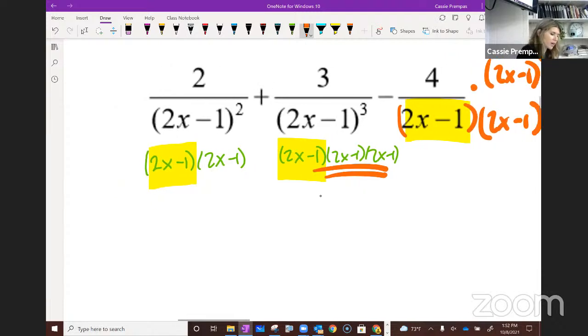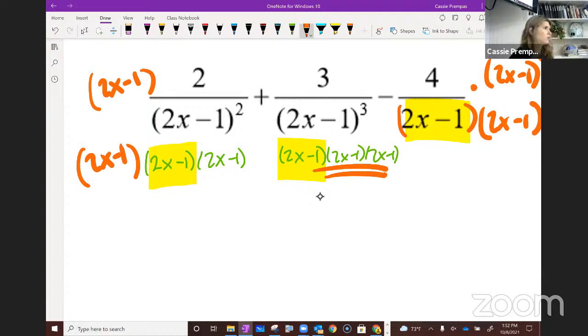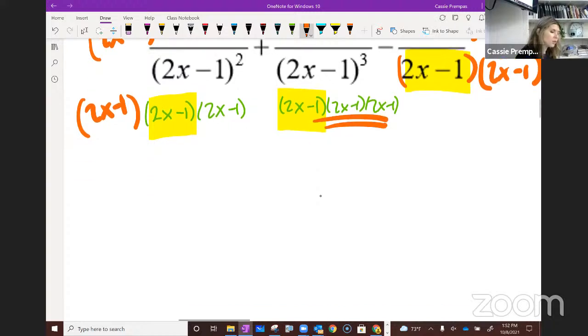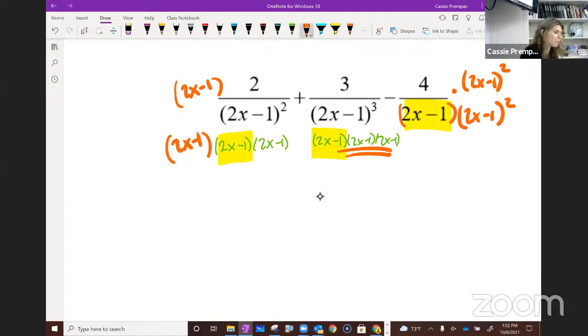The first fraction has 2 of 2x minus 1. So how many additional 2x minus 1s do I need? 1. 2x minus 1 over 2x minus 1. Awesome. So if I was to ask you, what is the least common denominator in this situation? It would be 2x minus 1 cubed.